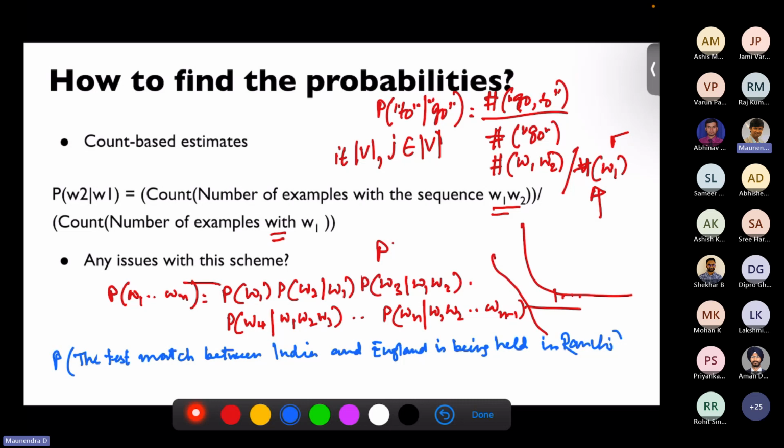For this sentence, if we want to find the probability following this chain rule, what are your suggestions? Should we use this chain rule to find this probability, or are there any things to be concerned about? So can we use this?